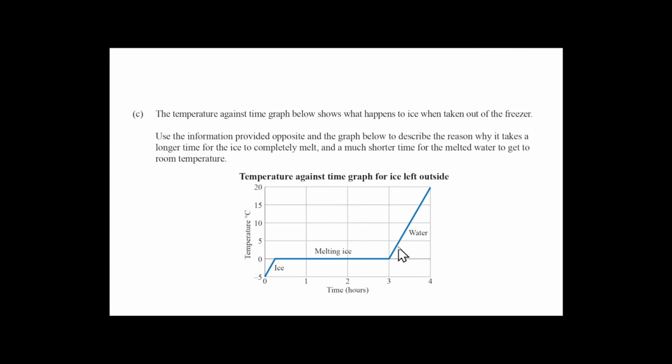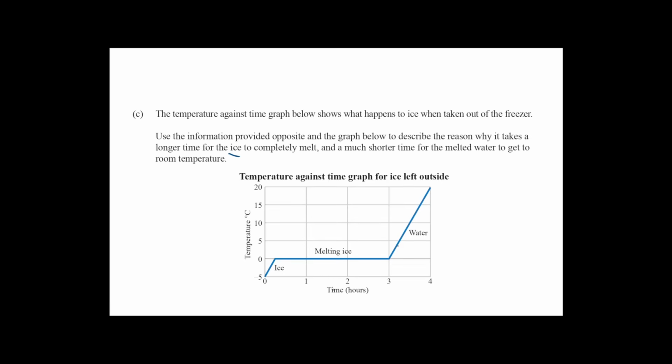The temperature against time graph below shows what happens to ice when ice is taken out of the freezer. So use the information provided opposite and the graph below to describe the reason why it takes a longer time for the heat to turn from ice to water, essentially.